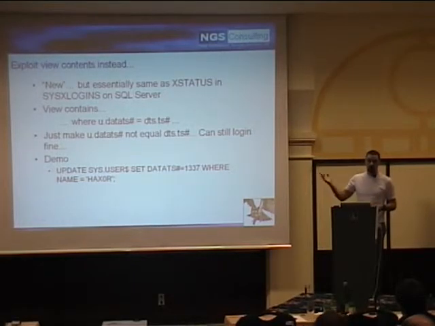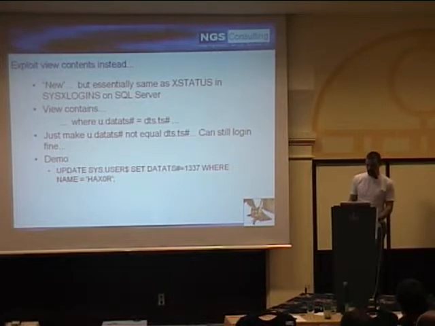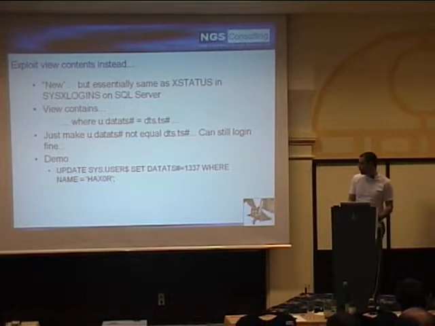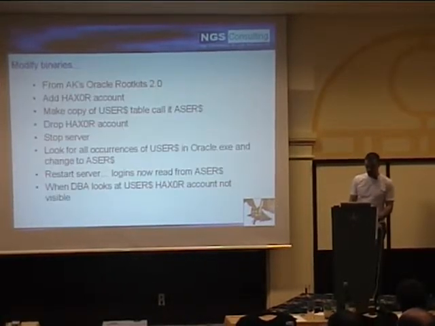And of course, we can still use the underlying table user$ to find user accounts, so it doesn't solve any problems as such. It's just, rather than changing the text of the view, which is going to be easily noticeable, a direct manipulation of the data TS number, for example.